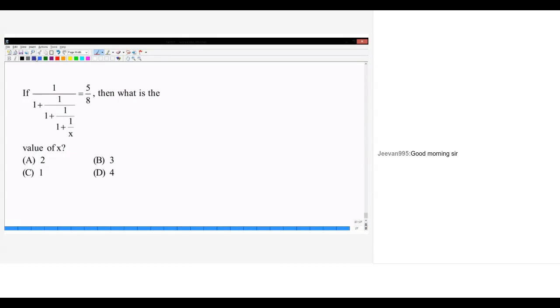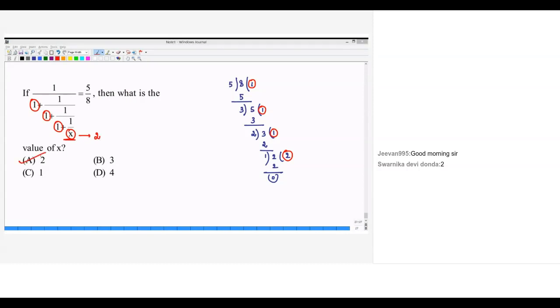Divide. It is 1, 1, 1, finally 2. Right.